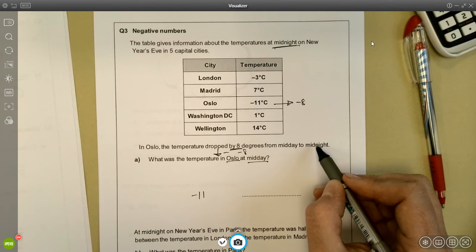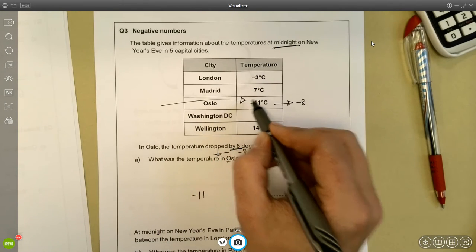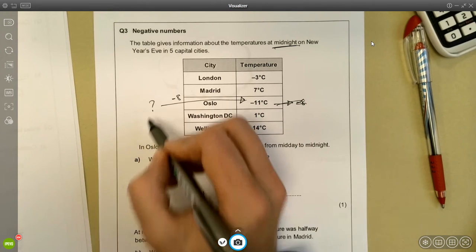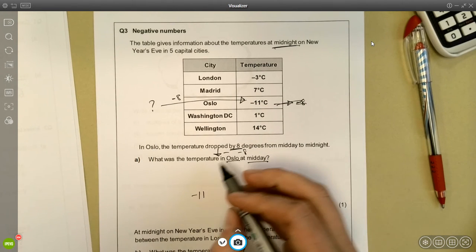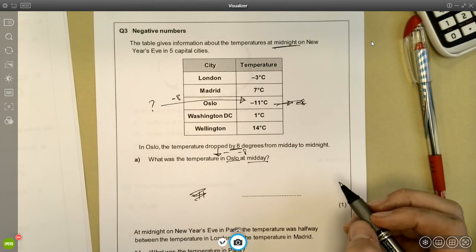Midday to midnight. This is midnight. So it's actually before. It started off, it's dropped 8 degrees. And what was it before it started? So let's read this question. I've come a cropper here a little bit.